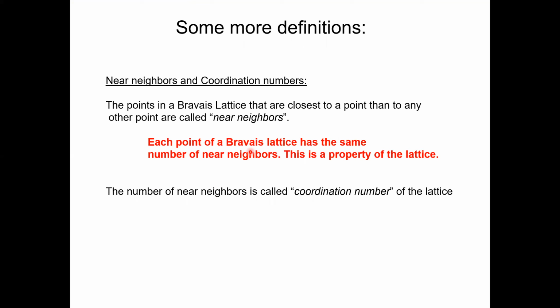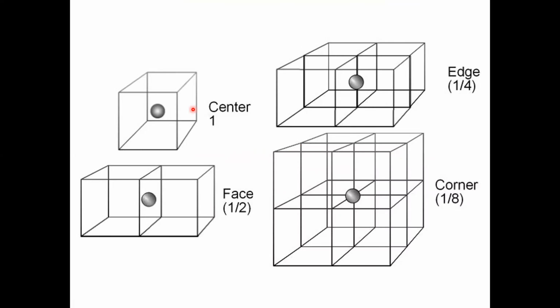I already gave you the definition. Again, coordination number is the number of nearest neighbors. So we have to count, because it is a number. This is the figure that I already mentioned.